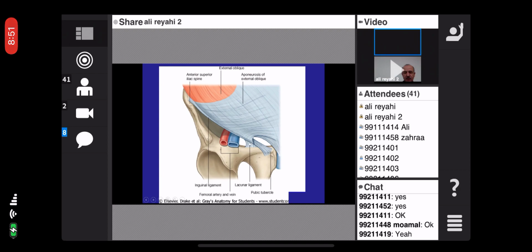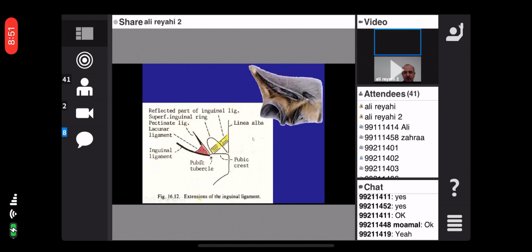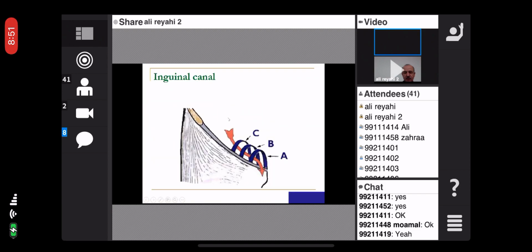And you know that this is the lacunar ligament that bounds the femoral ring medially, and it continues as the pectineal ligament. Inguinal ligament, lacunar ligament, and pectineal ligament. And if you remember, this yellow band is the ligamentum reflexum, or reflected part of the inguinal ligament.